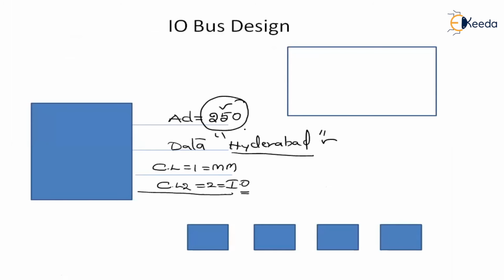At that time, CPU is going to differentiate in between main memory location and IO locations by using control lines. If the control line 1 is enabled, then this information should be transferred to main memory. If the control line 2 is enabled, then this information should be transferred to IO devices. Okay, in that way, the isolated IO will get designed and used.